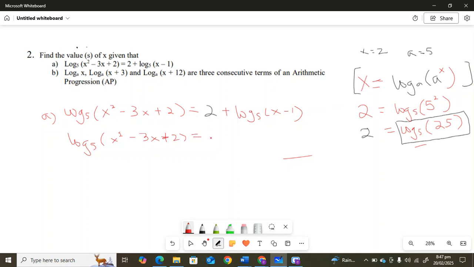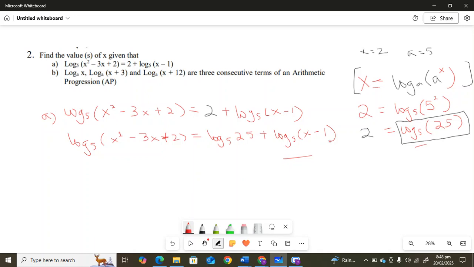So this 2 becomes log 5, 25 plus log 5, x minus 1. Because as I said, with this equation, what you want to do is put everything in log base 5 so that you get rid of the logarithms, so that you just remain with the algebraic expressions.